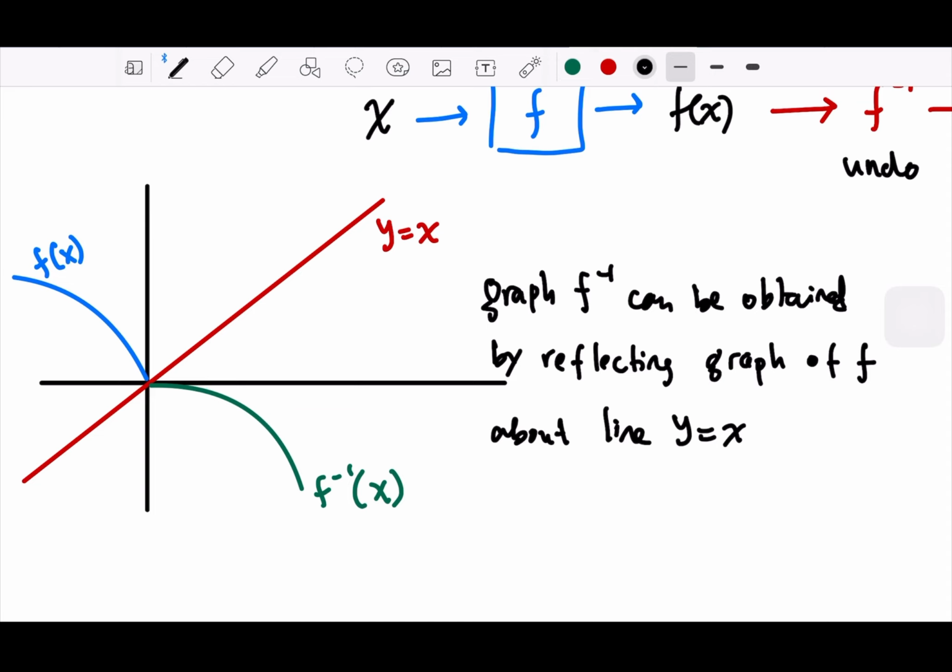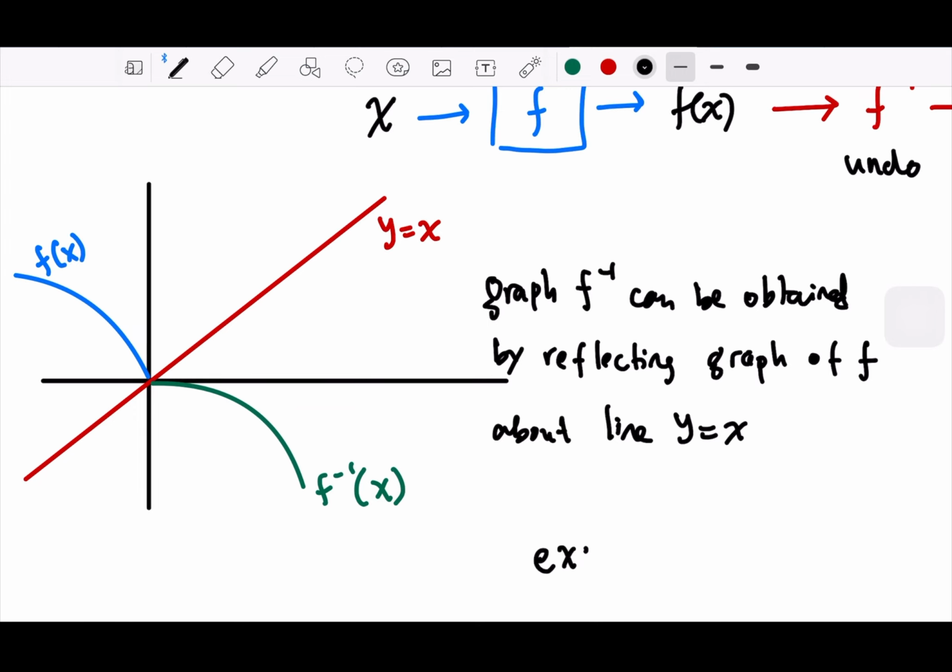I think the best way to look at what kind of graph or function is important to note for its inverse, for example, is e to the x, right, the exponential.